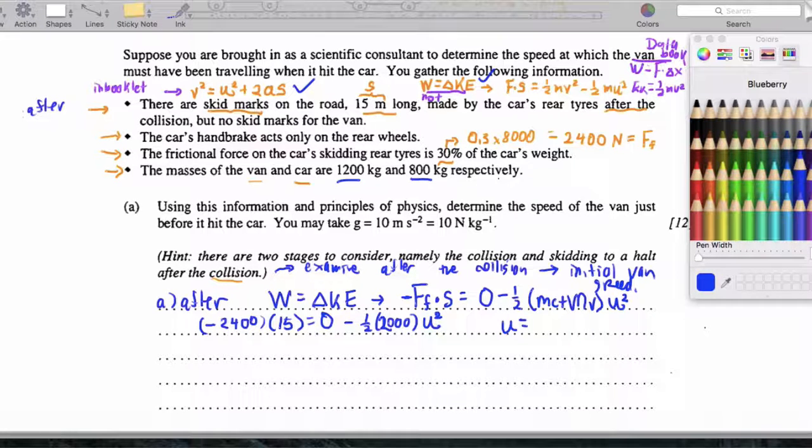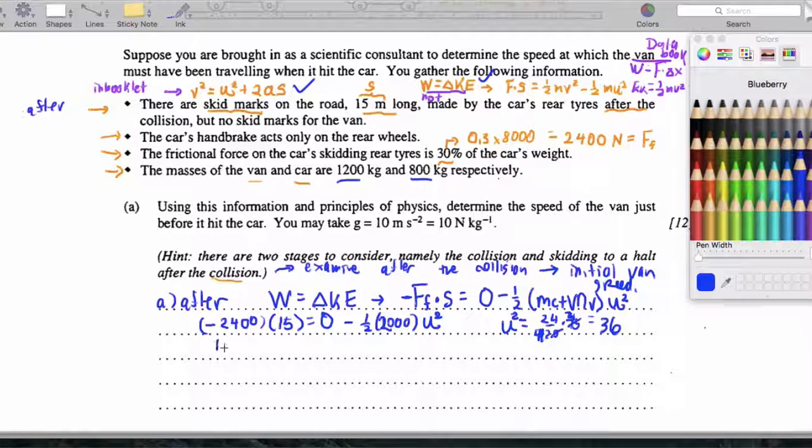Let me go ahead and get that speed. That's going to be 24 over 10 times 15, under a square root, which ends up being 36.